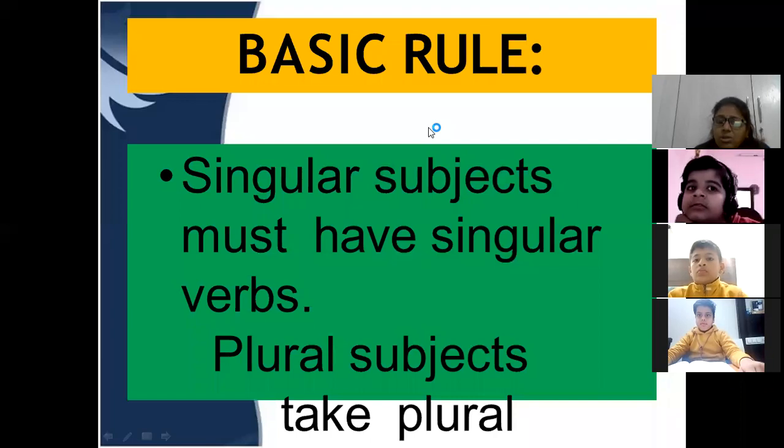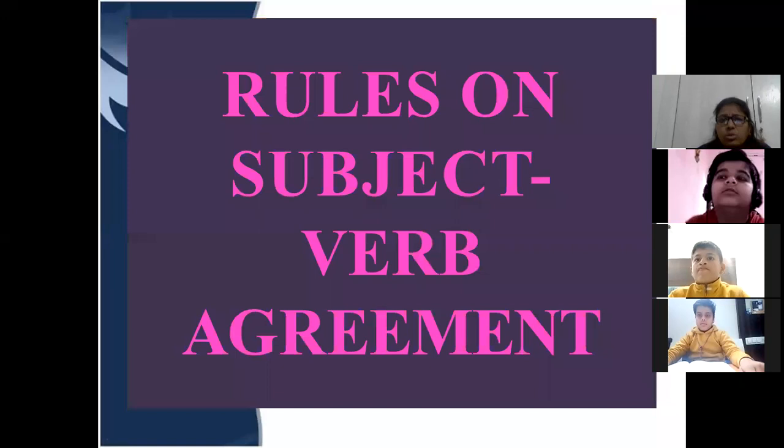And object is what? Object is the receiver of the action. Okay. And subject can be your noun also, means naming word also, or it can be pronoun, that is your words which are used in place of nouns. Right? Now we'll see the rules on subject verb agreement.